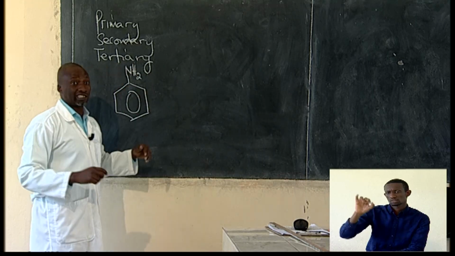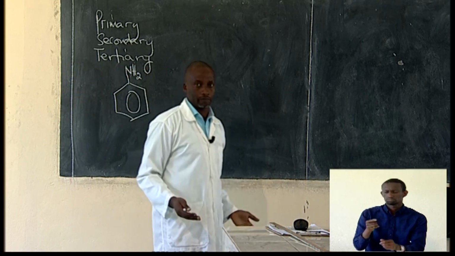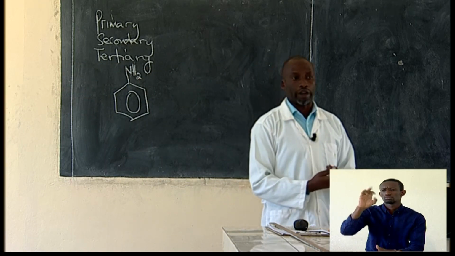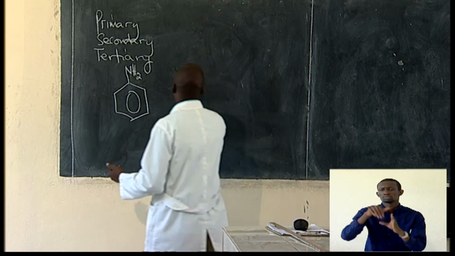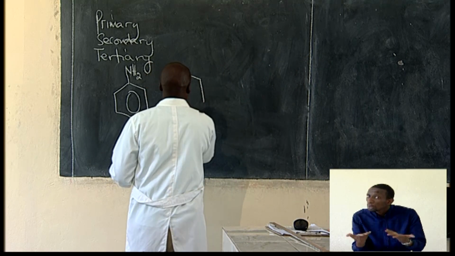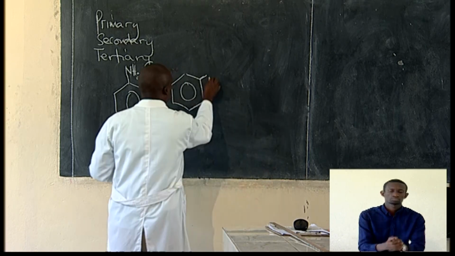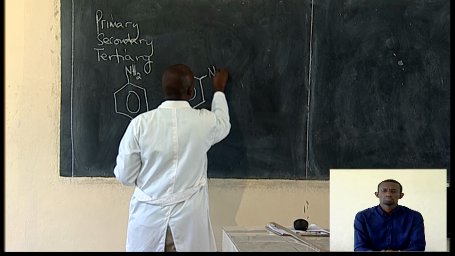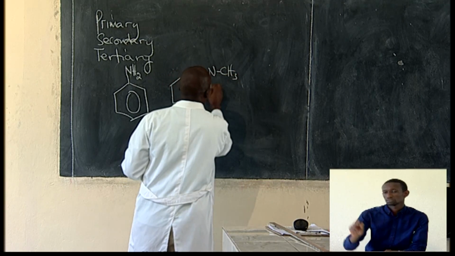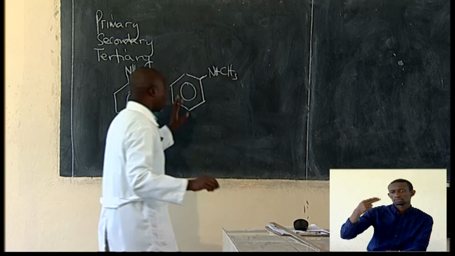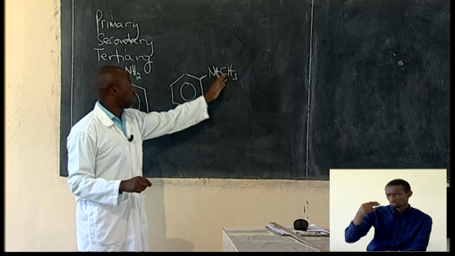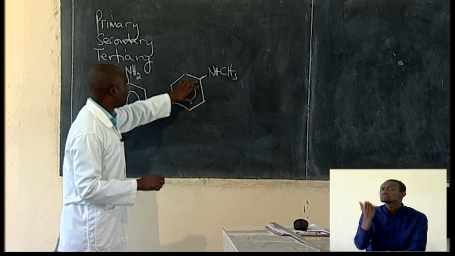So it is substituted directly on the benzene ring. Or we may have another one of this form, where you have N with CH3, this is NH. So the methyl group is attached, so you have this kind.